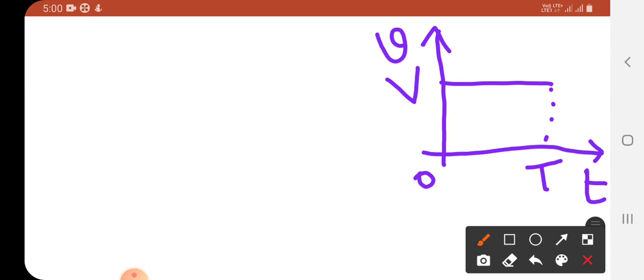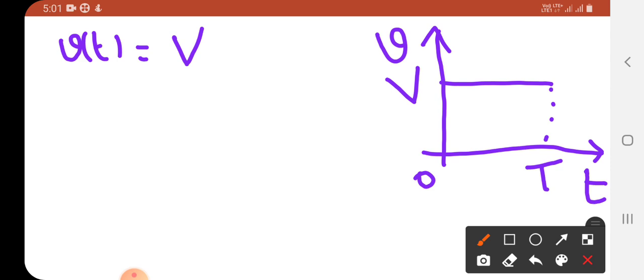So the function V of t, as we have written Vm sin omega t, here this value is constant, so I will write this as V only. Then what is the time period?